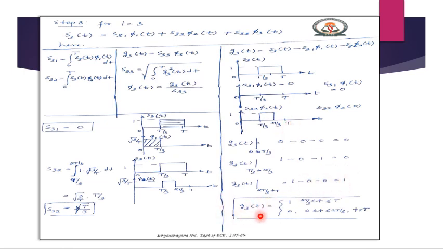Therefore g3 of t is defined as 1 when the value ranges from 2T by 3 to T, and 0 otherwise, or it can also be written as 0 when t ranges from 0 to T by 3, and when t is greater than capital T.